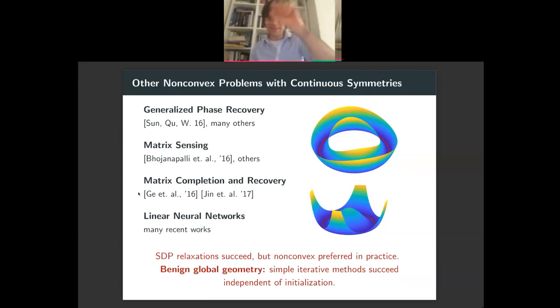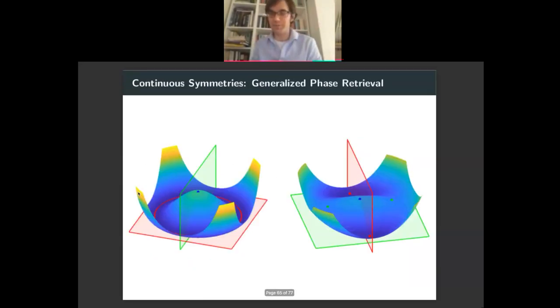Do you have continuous symmetry? Then you get problems that act kind of like the generalized phase recovery problem. That's one I didn't have a chance to talk about. These problems are often amenable to convex relaxation, but can be solved more efficiently by non-convex methods. And they have this kind of beautiful continuous symmetry structure.